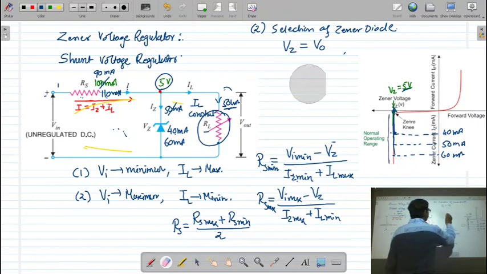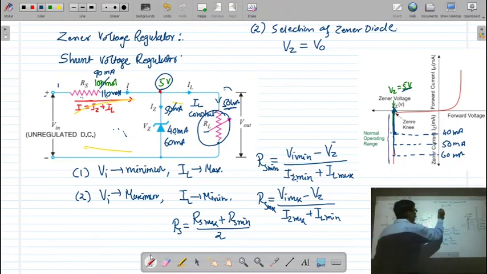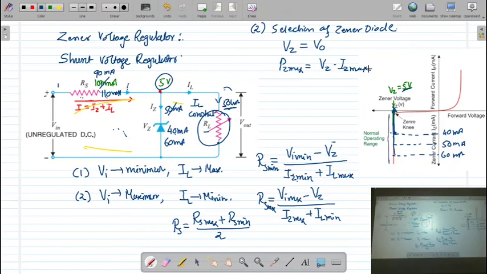Now second thing, when you are selecting the Zener diode, you should know the power dissipation. That Pz maximum is given as Vz into Iz maximum. Sometimes what will happen is that your required power dissipation is, let us say, 800 milliwatt and you have used a Zener diode of 400 milliwatt.